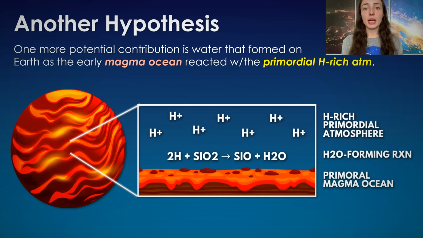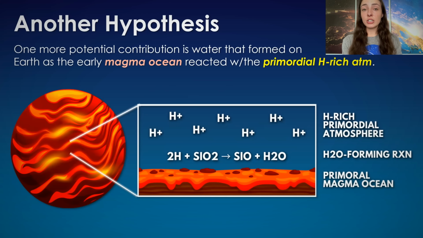One more potential hypothesis or process that potentially contributed to some of Earth's water that I hadn't heard of before is this idea that early on Earth, when it could have had a full magma ocean at its surface, this magma ocean reacted with hydrogen in the primordial atmosphere to form water.